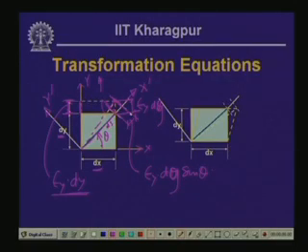Epsilon y dy is the vertical extension and the component along the diagonal direction is epsilon y dy sine theta.